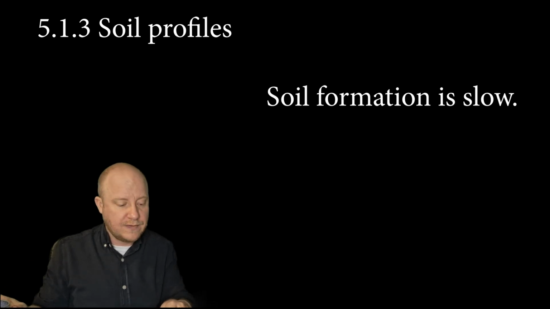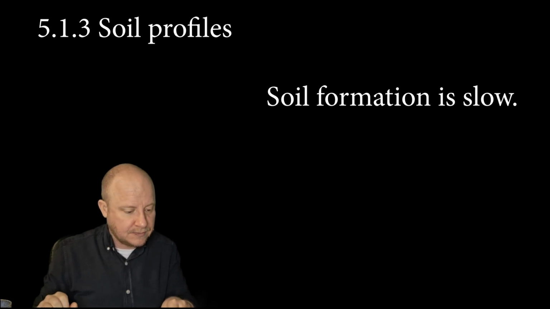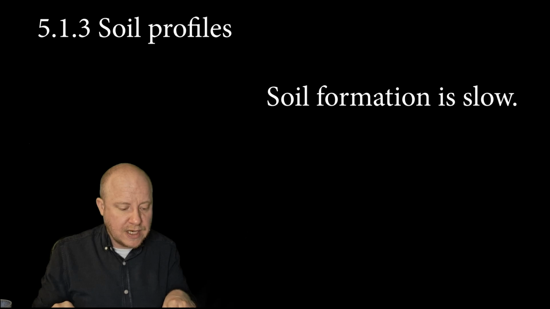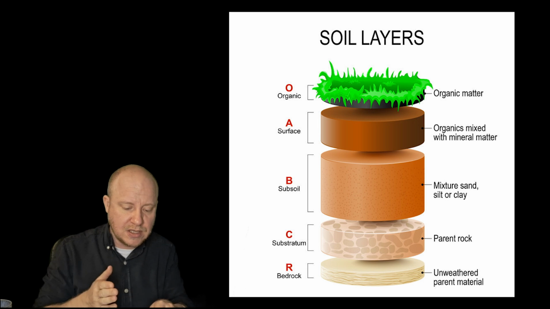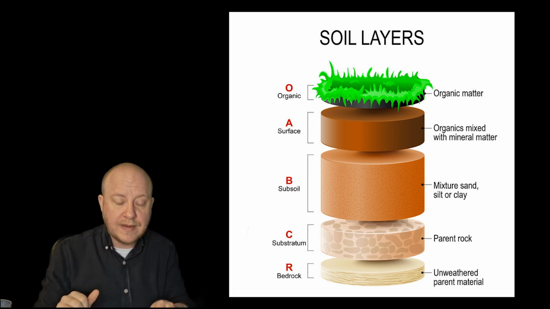5.1.3, soil profiles. Soil formation is a slow process, sometimes taking place over thousands of years. Soil horizons develop as a result of the transfer processes, translocation, transformations, addition, and removal that occur in the open system of the soil.